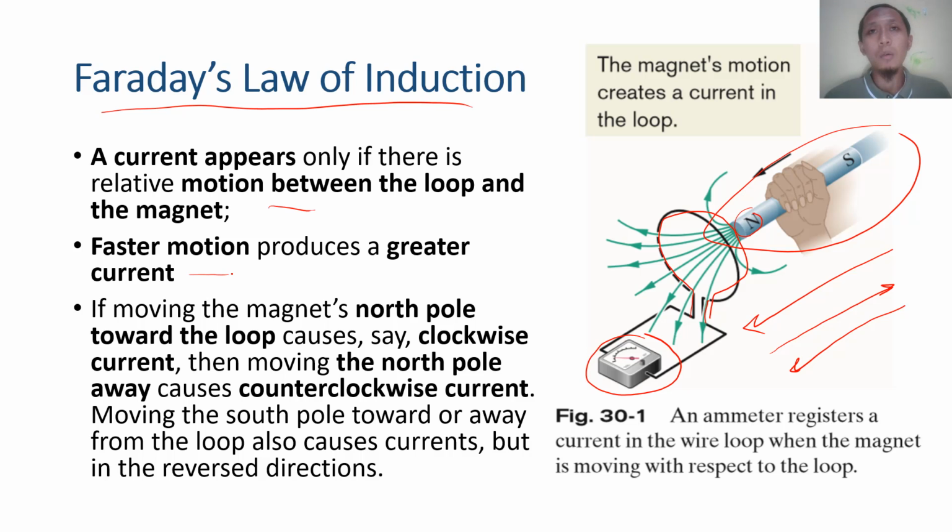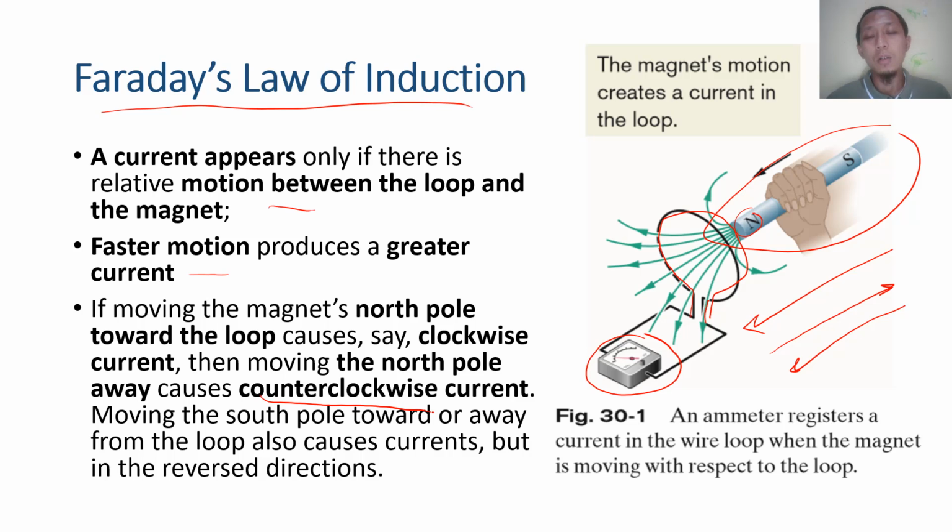If you want a greater current, you have to move the magnet faster. If we move the magnet's north pole toward the loop, we have a clockwise current, and moving the north pole away, the current will be counterclockwise.